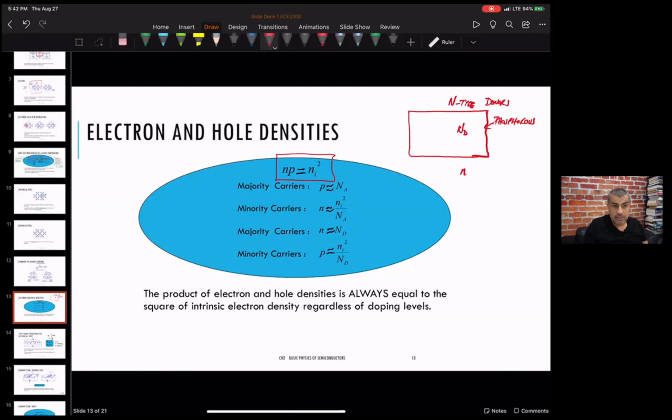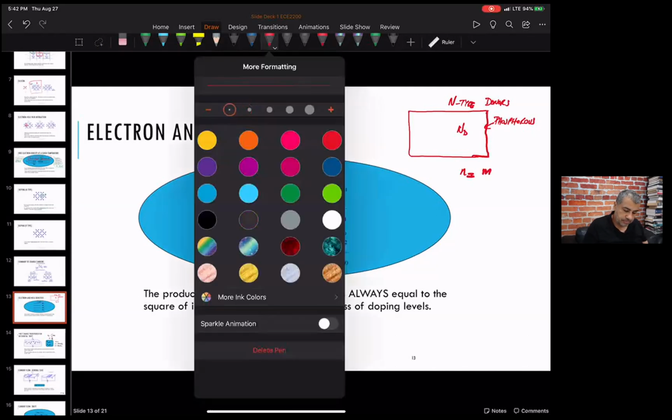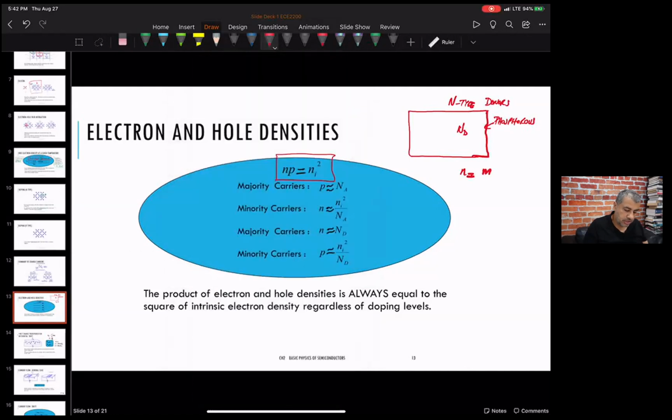Because you have an excess of electrons, you call the electrons the majority carriers. These are all just definitions, but you'll see why it's called that. So N in this case is the majority carrier.